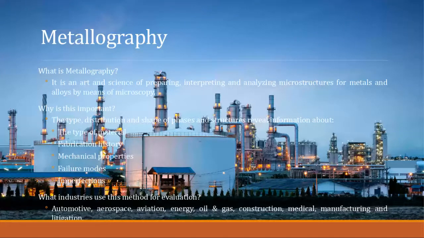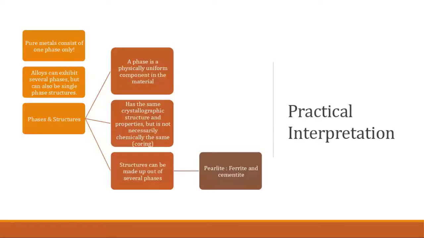So when we're going through practical interpretation, this might be handy when it comes to having to start doing some definitions, but pure metals consist of one phase. Okay, so that's a pure metal.